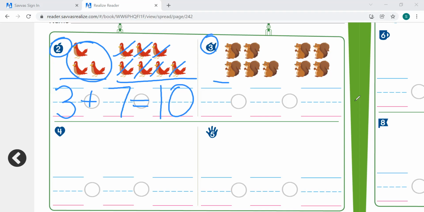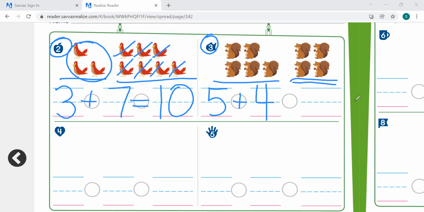There are 5 squirrels and they're looking for food. 4 more squirrels join them. How many squirrels are there in all? We have 5. We know we are going to add to that 5. There are 4 more.